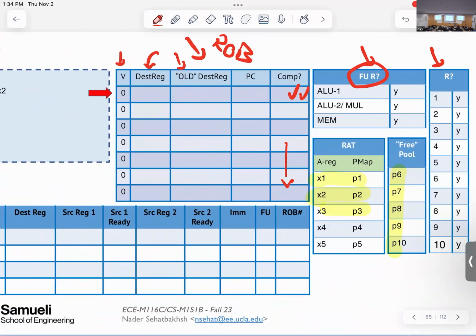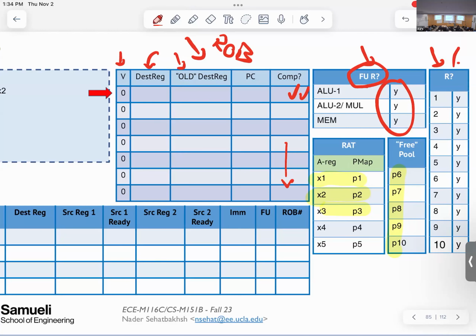In this example, I have 3 functional units: ALU1, ALU2, and memory. ALU1 and ALU2 can do ALU operations. The third one can only do memory operations, which means it can do a store and a load, okay? And this column tells you whether they are free or not, whether I can execute something or not. If I execute something, they become not ready, they become no, okay?